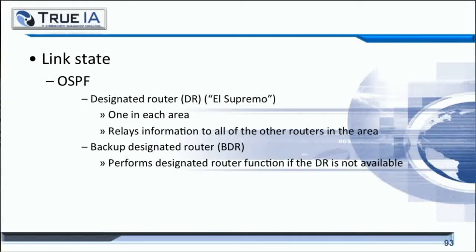Within OSPF, you have elections. With these elections, designated routers are selected. There is one for each area of the OSPF architecture, and it relays information to all other routers that it is the designated router. With each designated router, there is a backup designated router. So if the designated router ever goes down, the backup simply picks up.